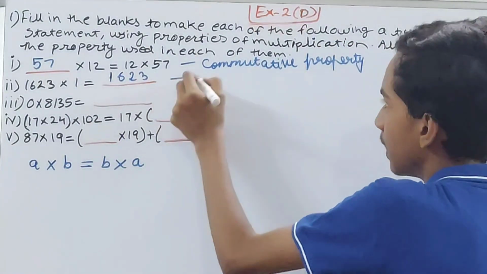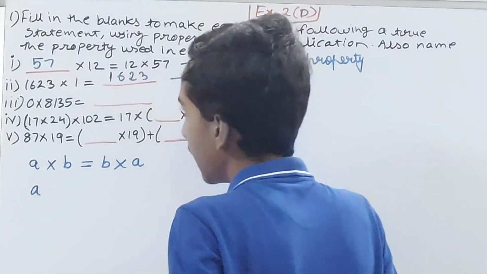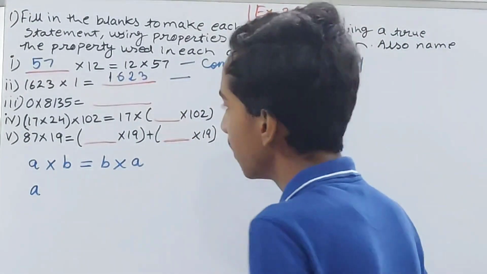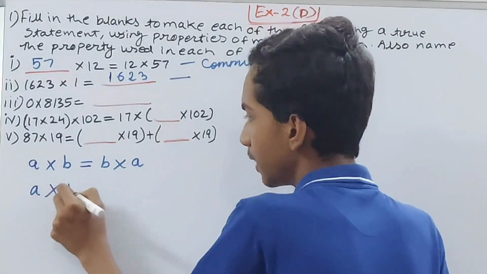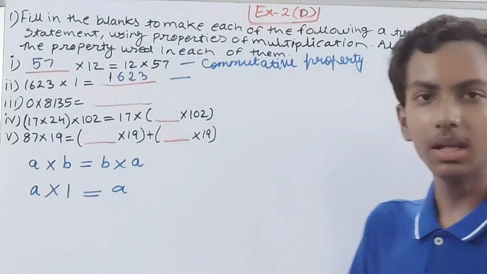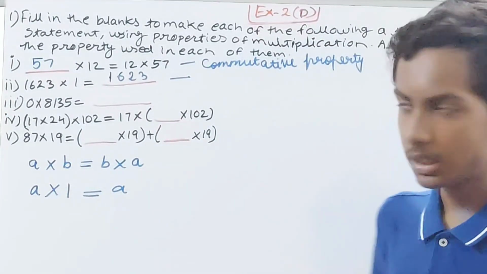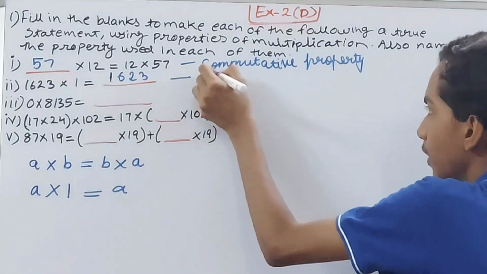And this one is called what? Suppose I have A, it is a whole number, and I multiply A by 1. So my answer will be A itself, number itself. So any number multiplied by 1 gives the number itself as the answer. This property is called property of 1.